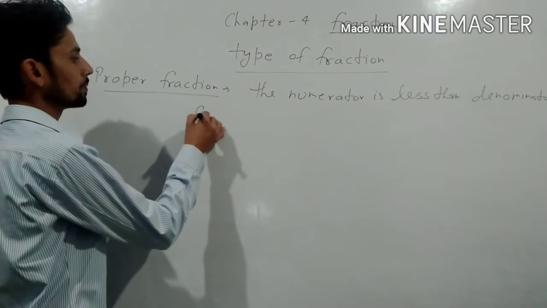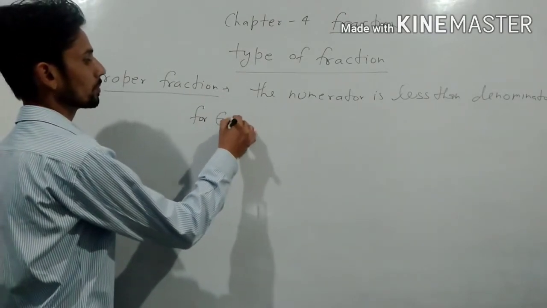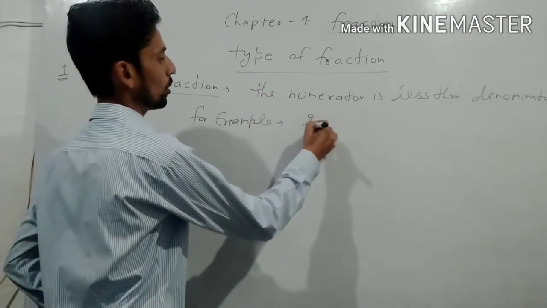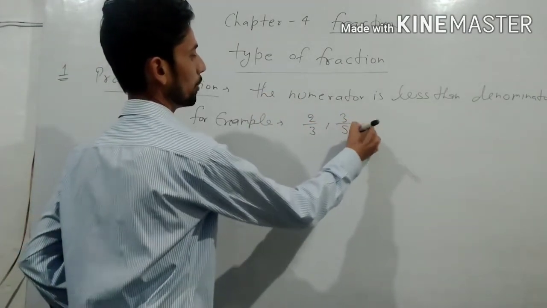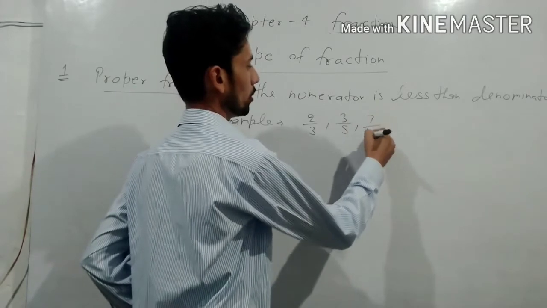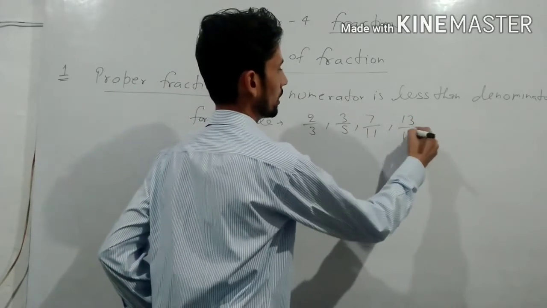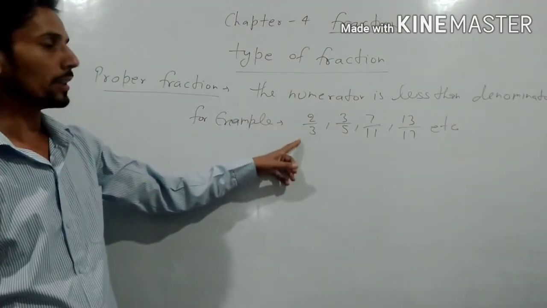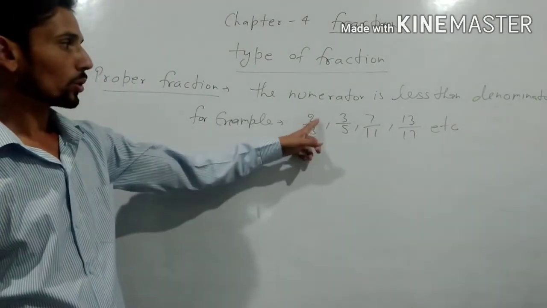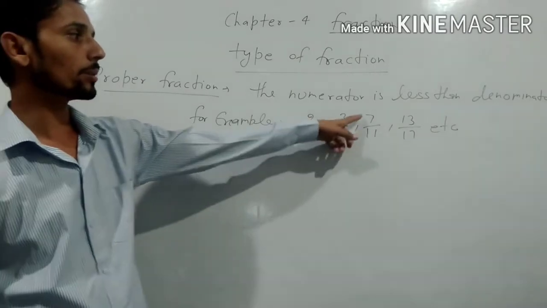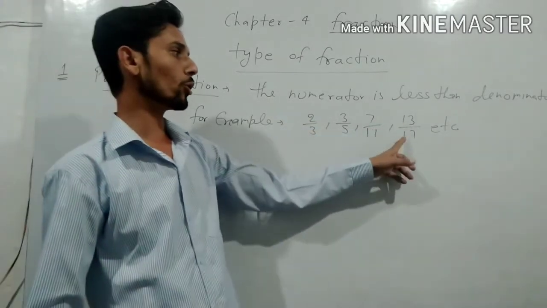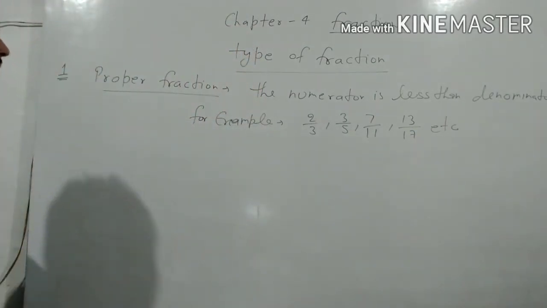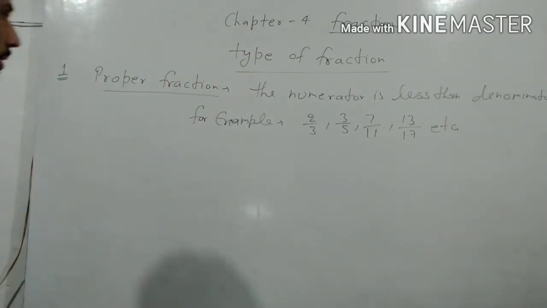For example, 2/3, 3/5, 7/11, 13/70, etc. Numerator is always less than the denominator. 2 is less than 3, 3 is less than 5, 7 is less than 11 and 13 is also less than 70. So it is known as a proper fraction.